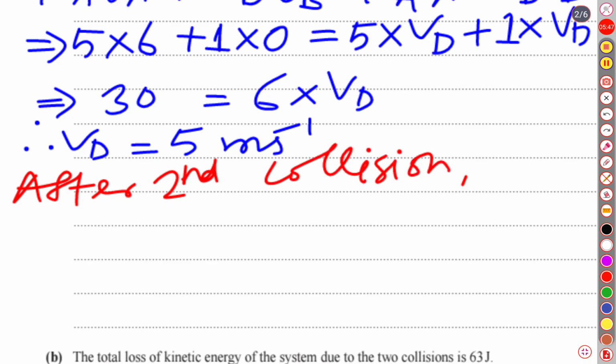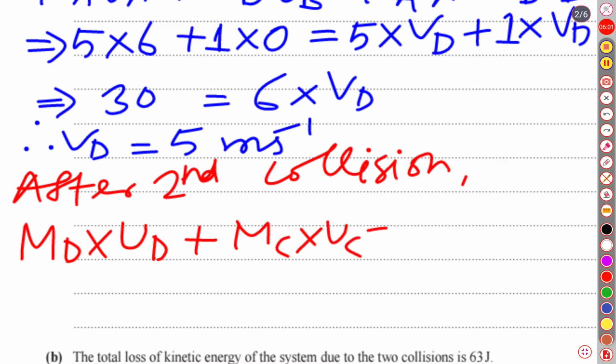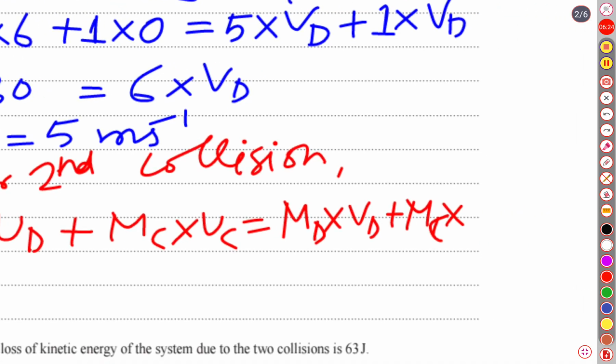Same concept means mass of particle D into initial velocity of D plus mass of particle C into initial velocity of particle C is equal to mass of particle D into final velocity of D plus mass of particle C into final velocity of C.